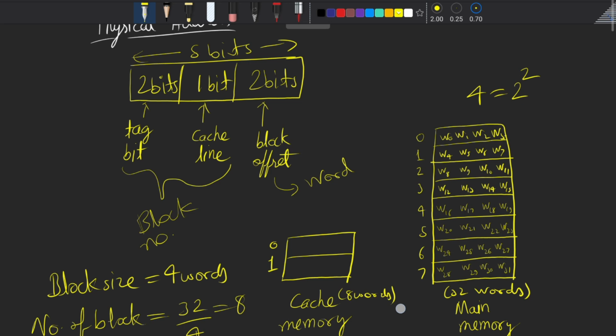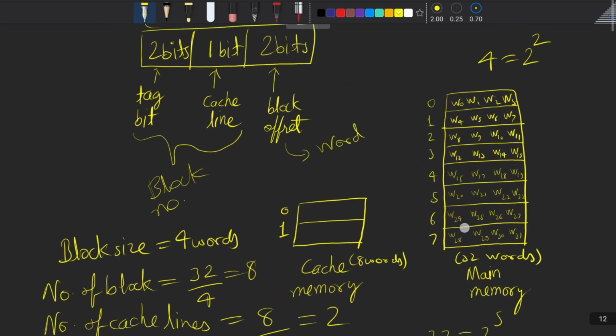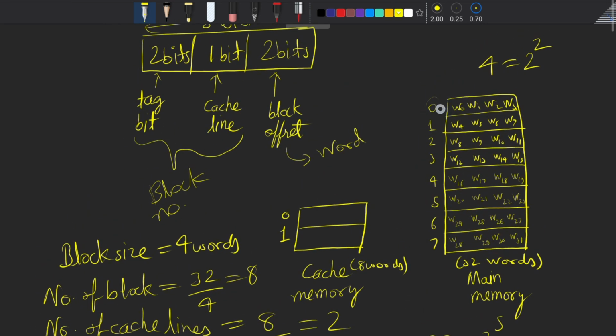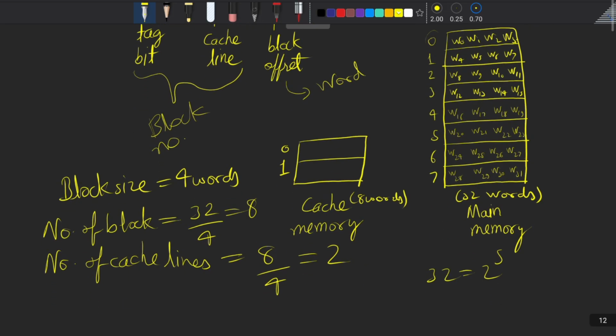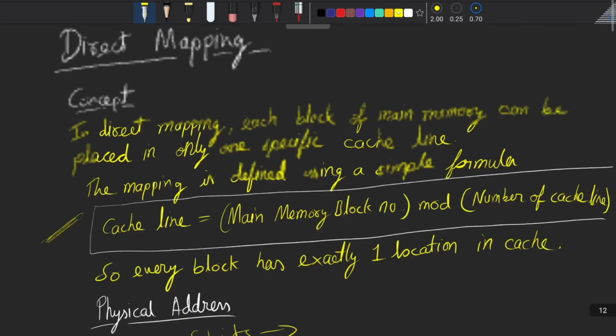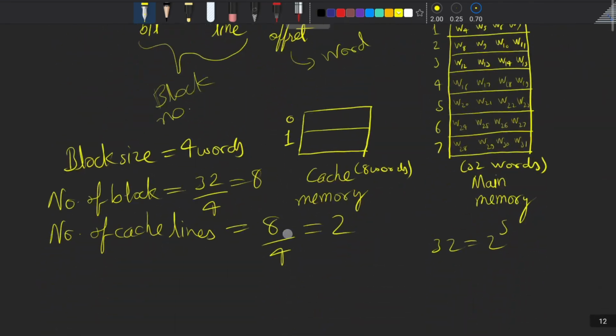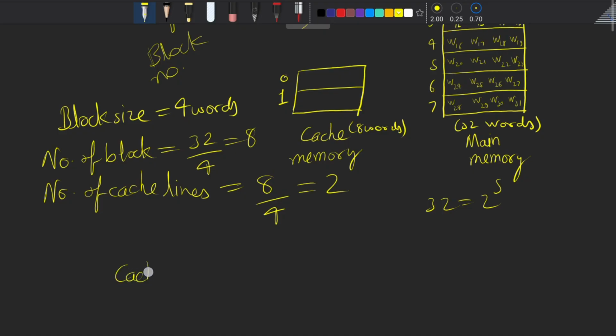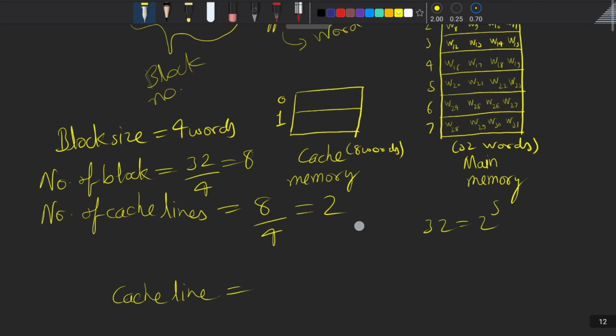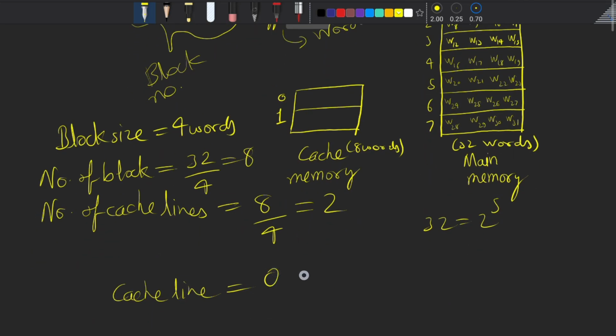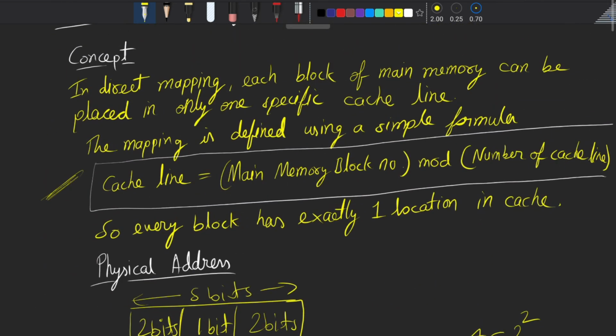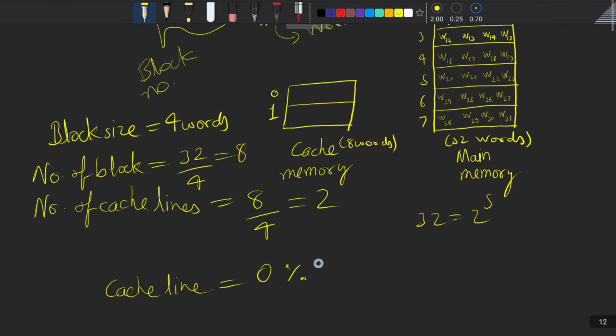For example, here we can see that block 0 will be stored in cache line 0, because we have the formula cache line is equal to block number, that is 0, mod total number of cache lines, that is 2. So it will give us 0.